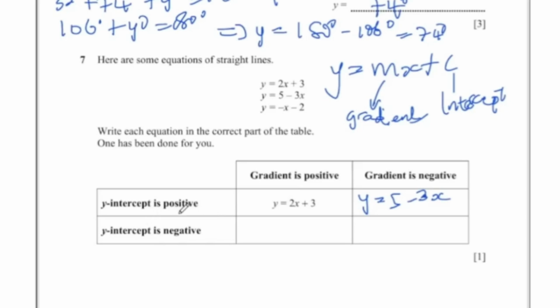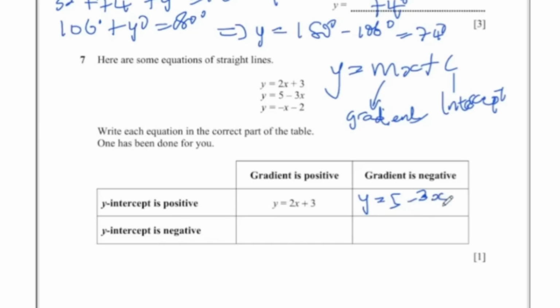We're looking at two things actually. Here the y-intercept is positive because 3 is positive, and the gradient is positive also. Here, the y-intercept is still positive because 5 is a positive number, but the gradient is negative.